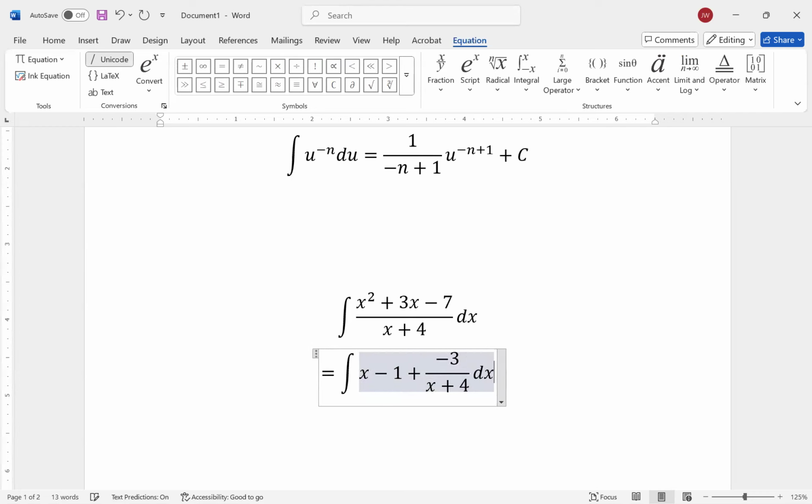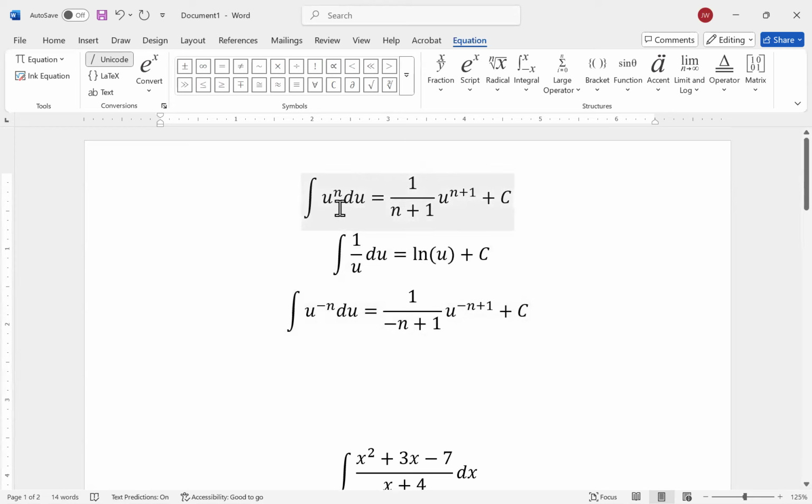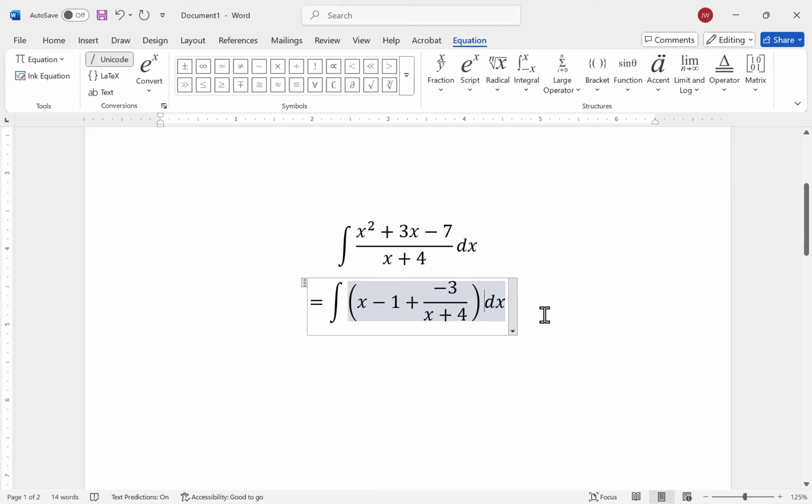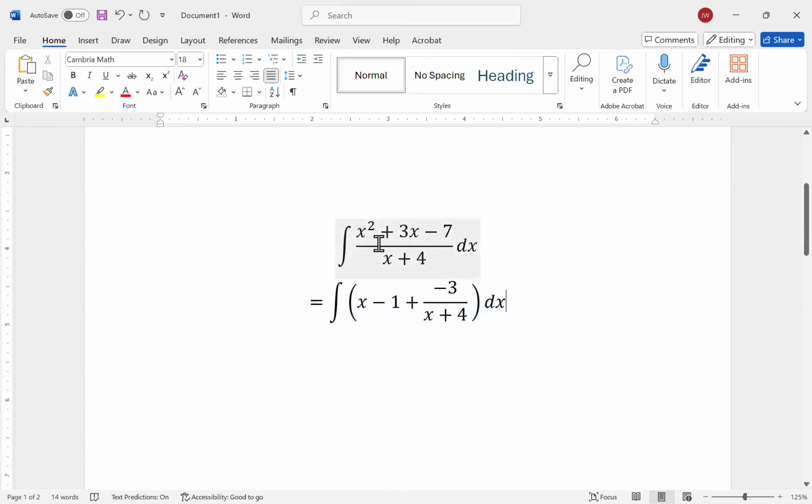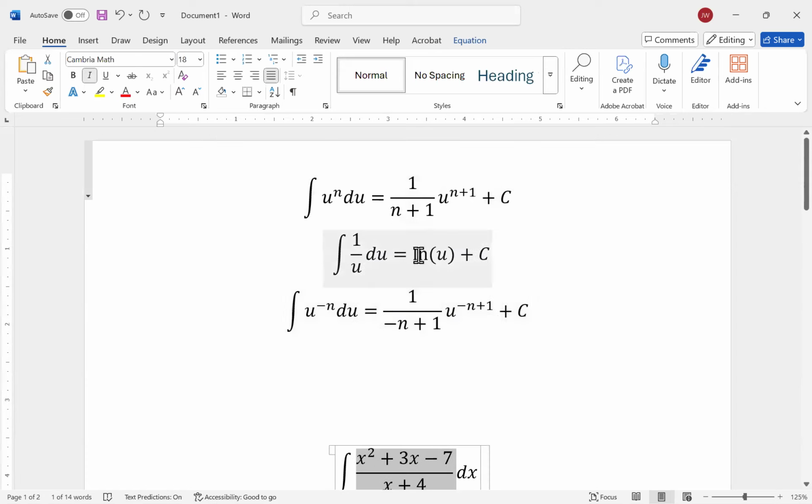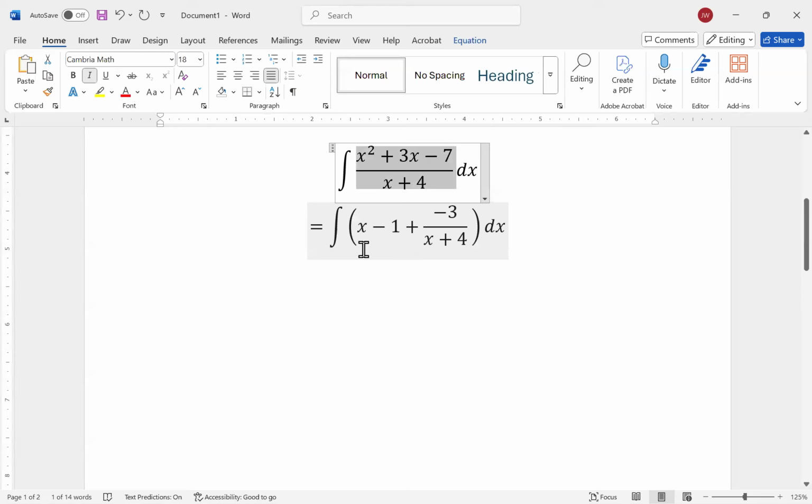And now each of these three terms matches up nicely with stuff I already know how to do. So while this fraction wasn't nice, not with my regular rules anyways, when I divided it, it became nice.